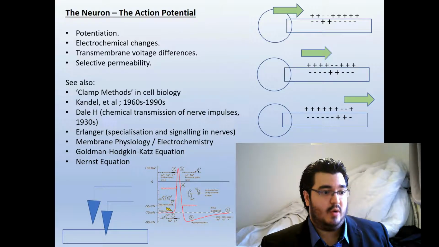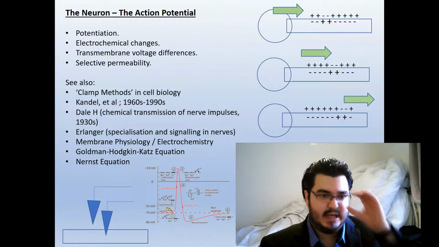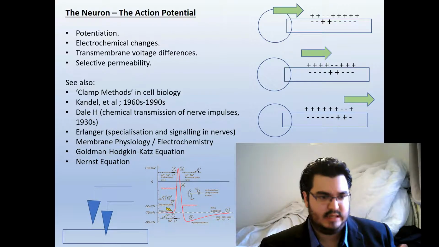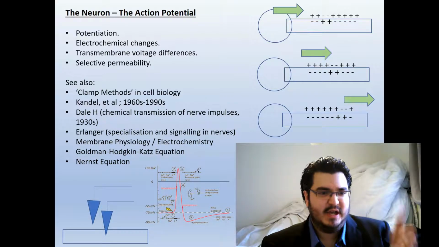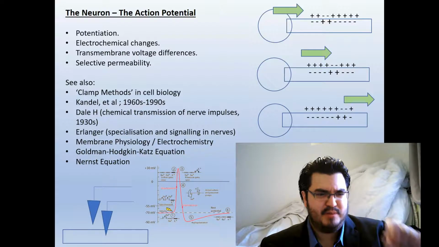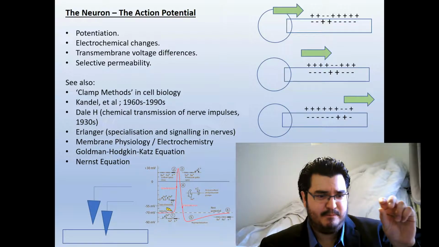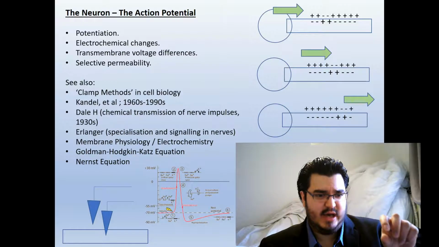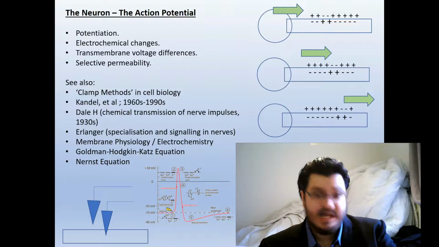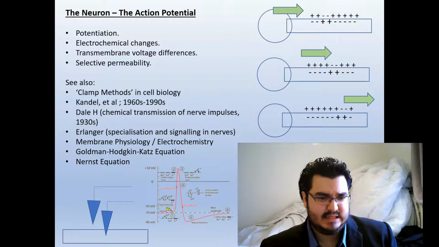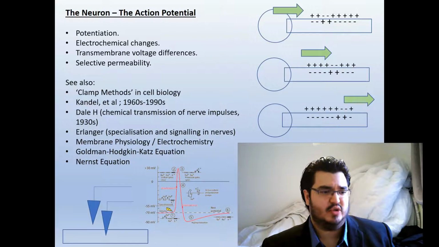On the right here we have a diagram that's not a good diagram, but you can see the plus in the top neuron. That's a cell body and an axon. You have the positive charge inside the axon that travels through the axon, and that is the action potential.